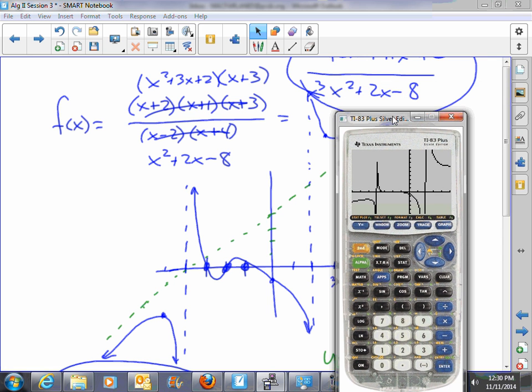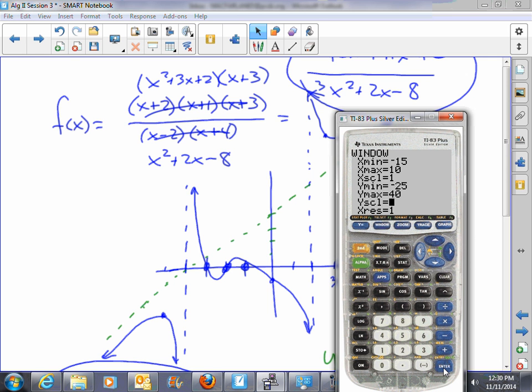It's not really clear about the oblique asymptote though, so let's make the window go out farther: -15 for x min, and maybe 10 for x max, and then y min -25 to y max maybe 40.